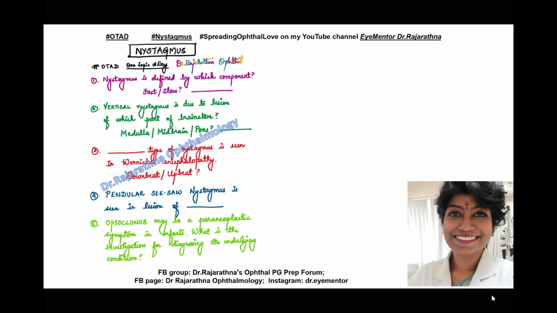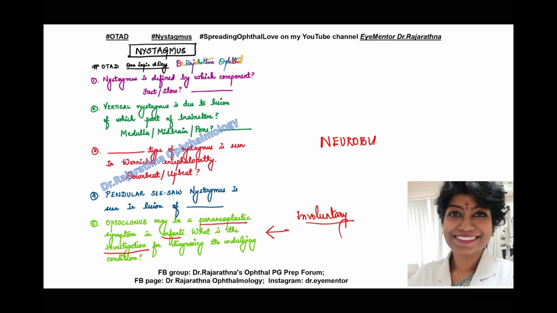Now that you've seen pendular seesaw nystagmus, we'll move on to question number 5. So question number 5 is about opsoclonus. Opsoclonus may be a paraneoplastic symptom in infants. Now the question is, what is the investigation for diagnosing the underlying condition? Opsoclonus is actually an involuntary eye movement which is not typically classified under nystagmus. It's an involuntary eye movement in random directions and it's seen in neuroblastoma.